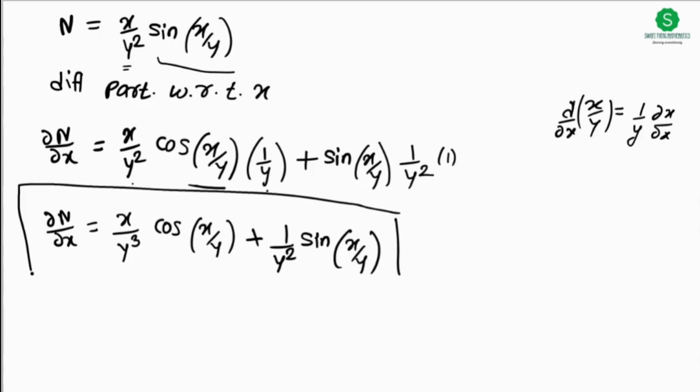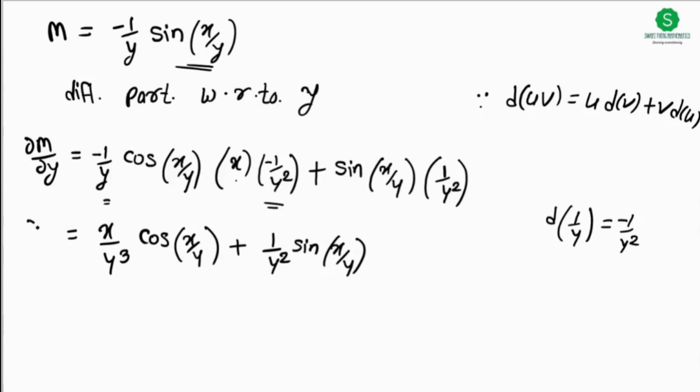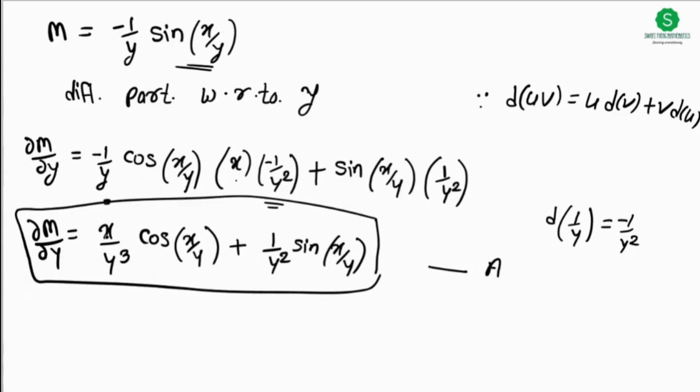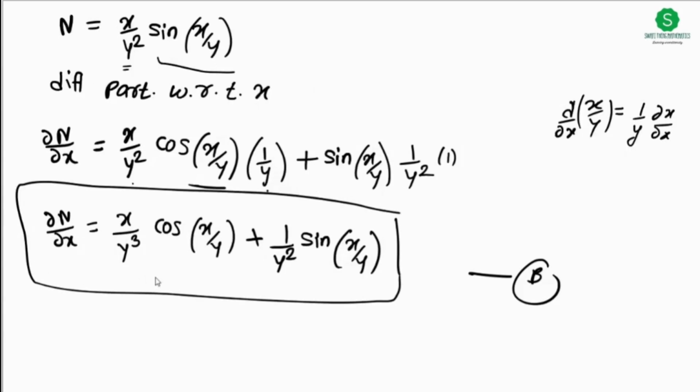Now compare this. So here this is our equation number b, and derivative of m partially with respect to y, that is our equation number a. So see here equation a is x by y cube cos x by y plus 1 upon y square sine x by y, and same we get the equation number b.